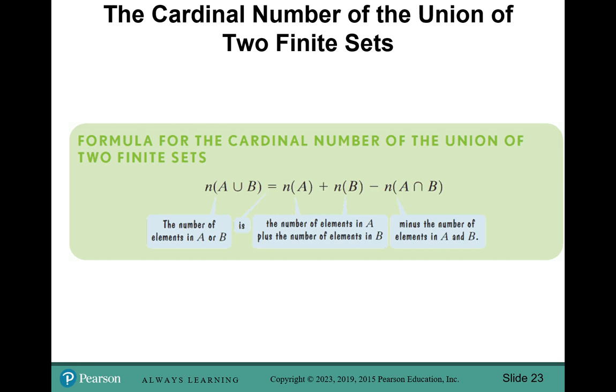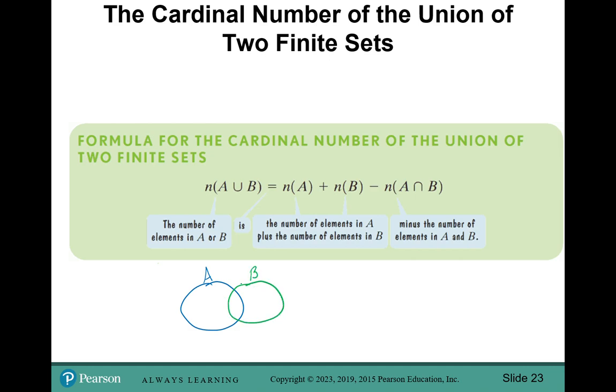Let me do a visual representation to show you what I mean. Let me start with blue. If this is our A circle, and this is our B circle.